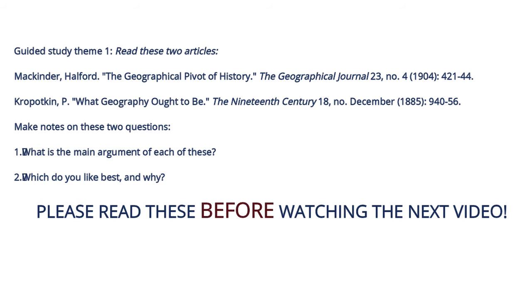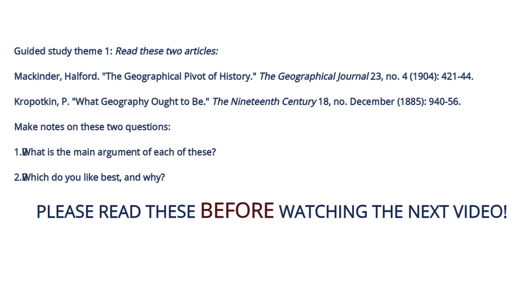So what I'd like to ask is that you read each of these two articles, which are available via library reading lists on the Canvas webpage. As you read them, you ask yourself two questions. The first is, what is the main argument of each of these?